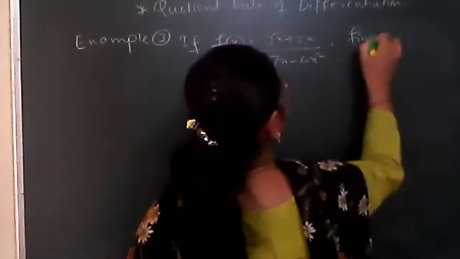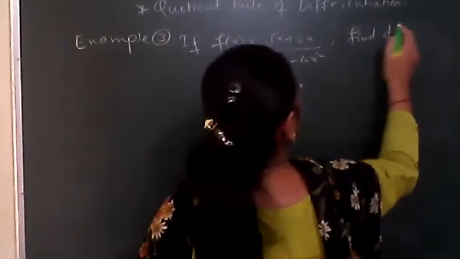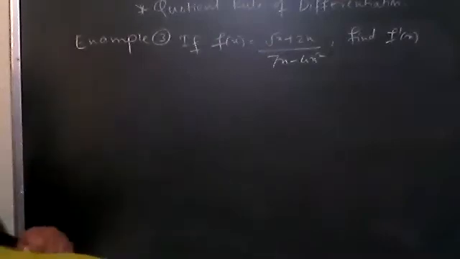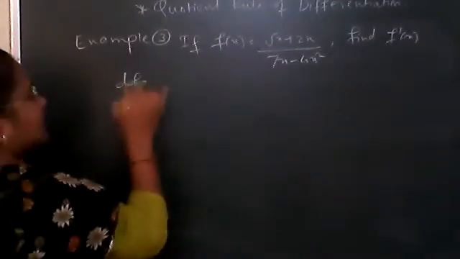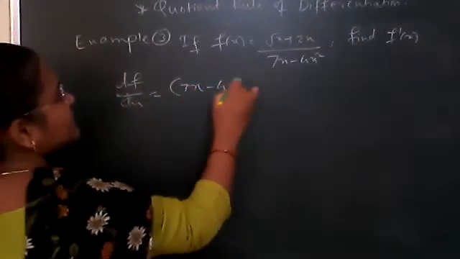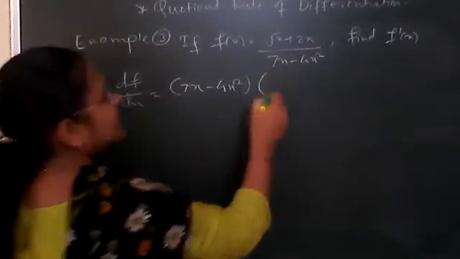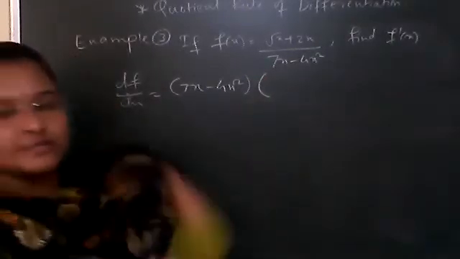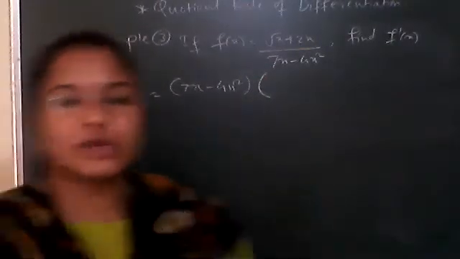Then find f dash x also you can write. Okay. So what is the derivative? df by dx is second function constant 7x minus 4x square into what is the derivative of root x plus 2x?